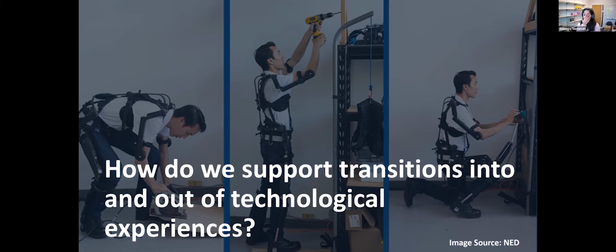At the time, we were inspired by a project on VR, a paper called Dream is Collapsing, which looked at how people transition into and out of VR experiences. We were inspired by that and wanted to see how people would do it in physical augmented experiences.